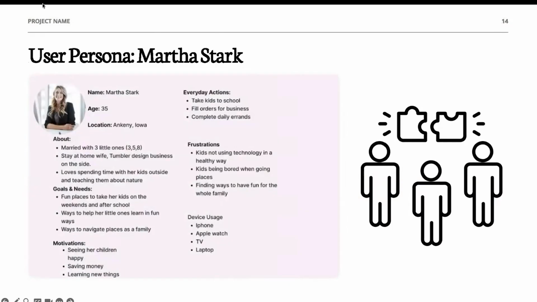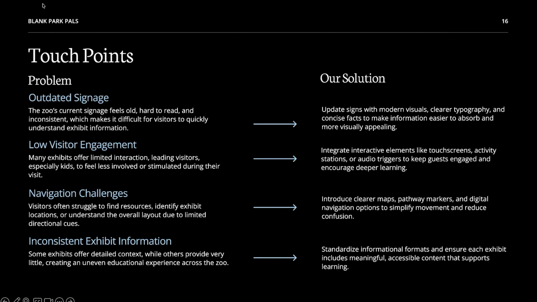These personas anchor the team's design decisions in specific, grounded user needs. The team synthesized their research into a problem solution framework organized around four key touchpoints: outdated signage, low visitor engagement, navigation challenges, and inconsistent exhibit information.